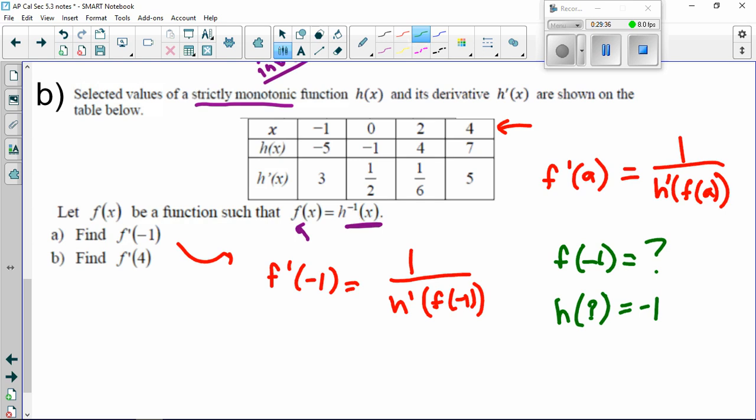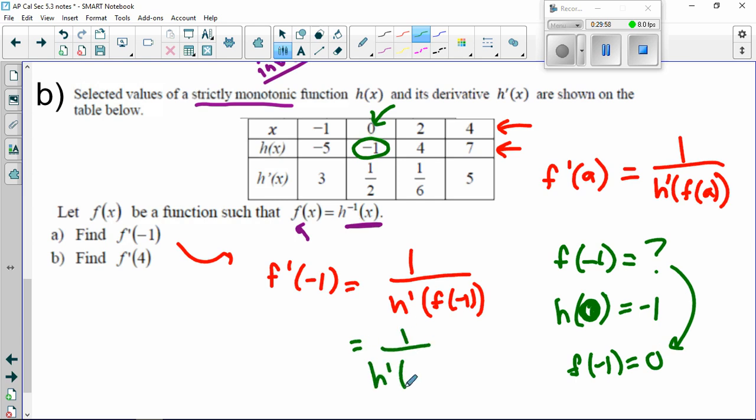The h values are what we get out. So where do we get out a negative 1? Right here. So what do we put in? We put in a 0. So h of 0 is negative 1, which means f of negative 1 is 0. So this is 1 over h prime of 0.